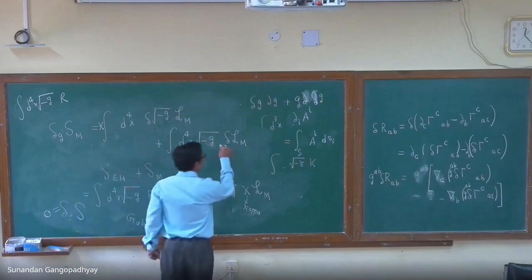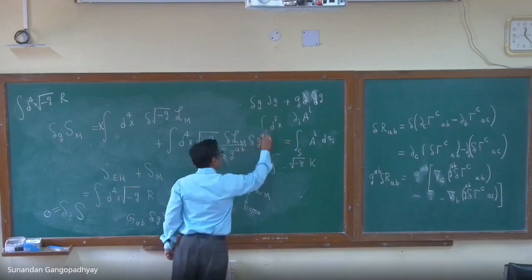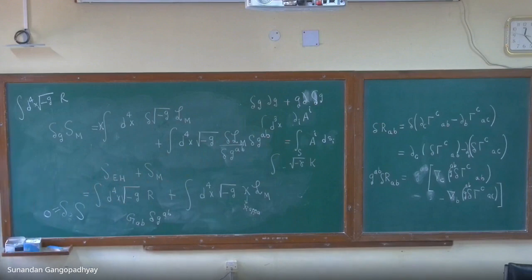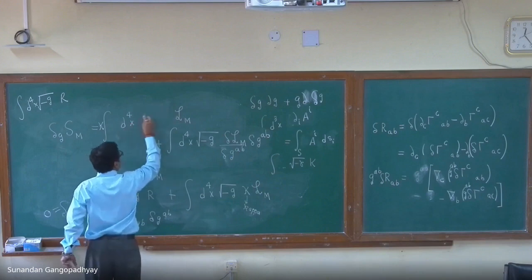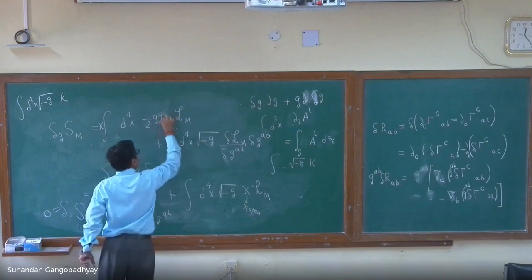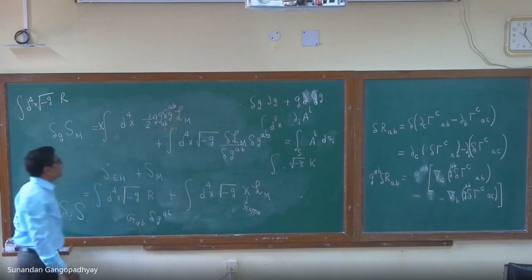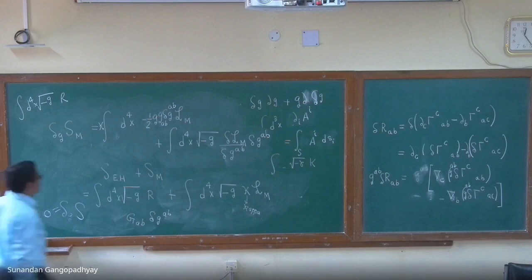So this delta L_m, and delta of square root minus g, that is minus half, check once, minus half g_ab delta g^ab times the square root minus g.